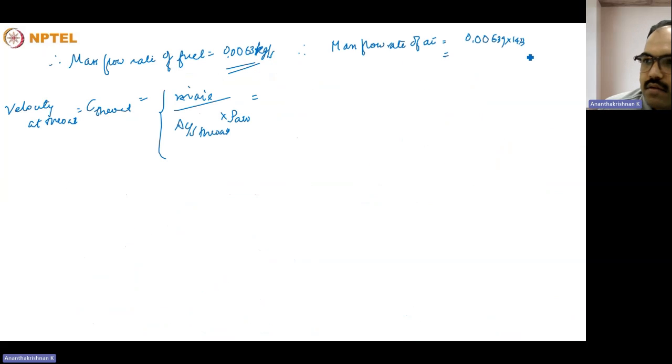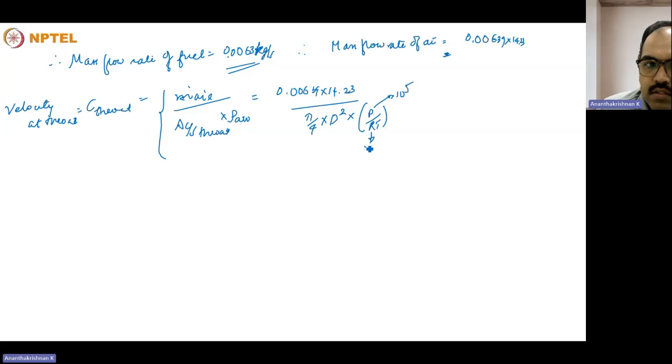So that will give us the mass flow rate of the air. So this will be 0.00639 into 14.23 divided by area of cross section, pi by 4 d squared, into density of the air. We calculate it by P by RT, where P is equal to 10 power 5, R is equal to 287, and T is 300.